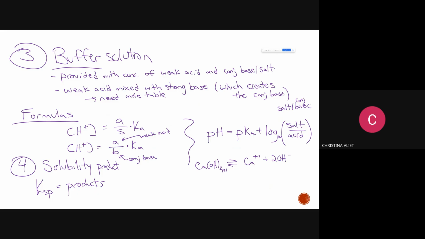And what would this become? Your Ksp expression would be Ca2+ times OH- to what exponent? To the second.